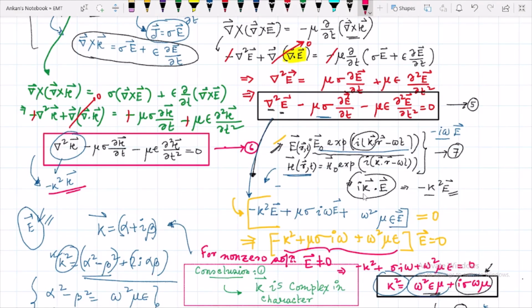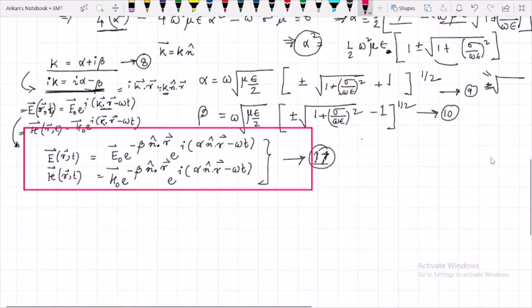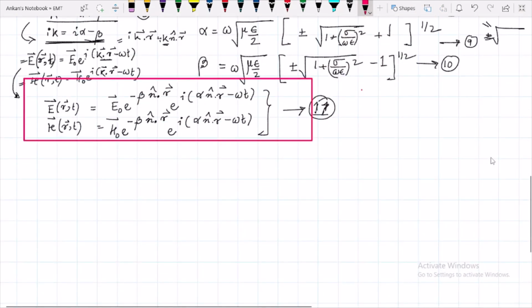This 7 set of equation gets modified by the 11 sets of equation for the linear isotropic conducting medium. This term involves exponential minus beta N cap dot r, which gives some scalar value.